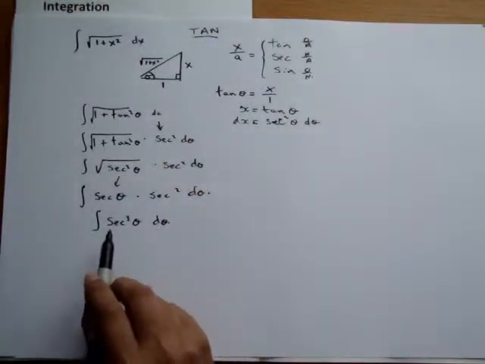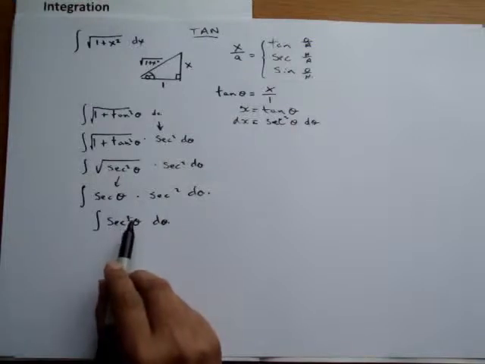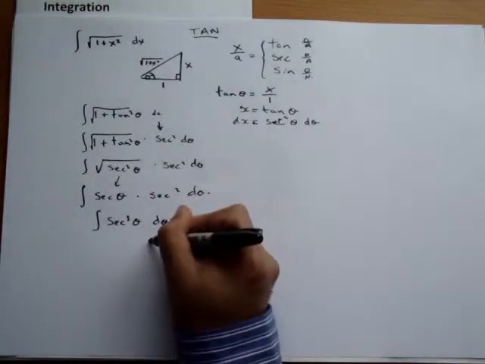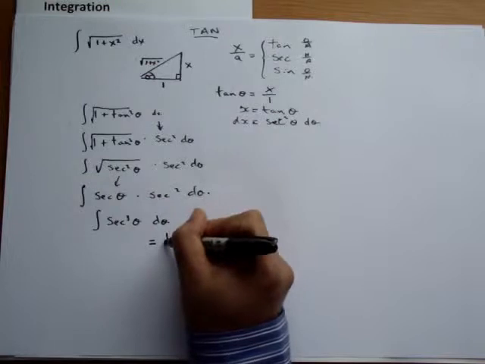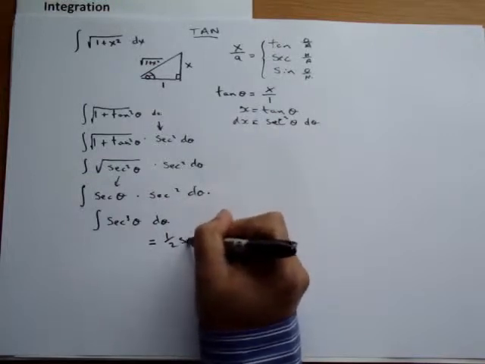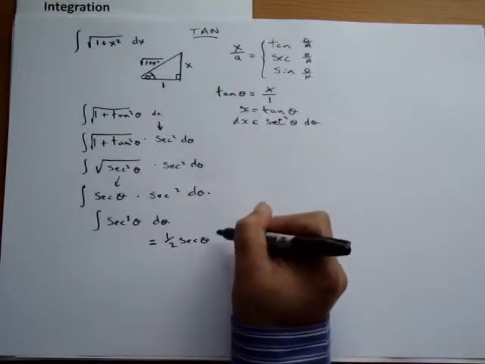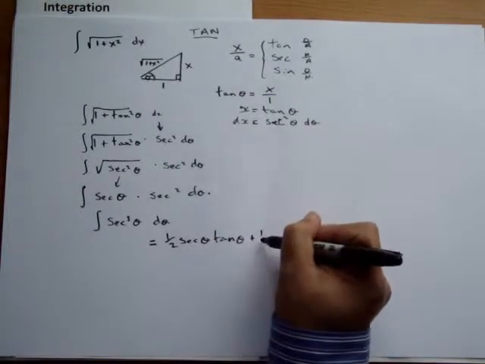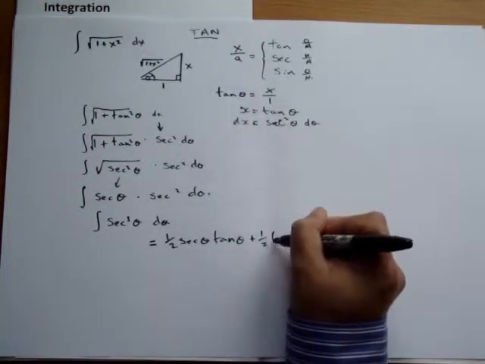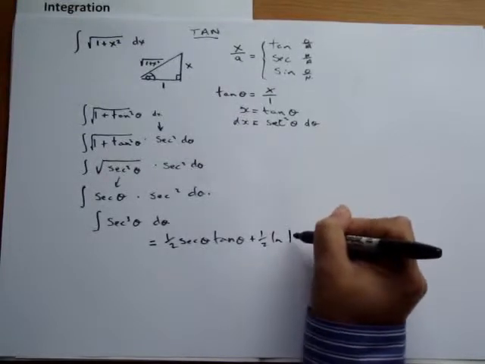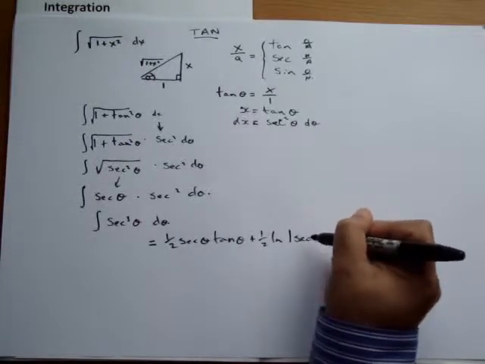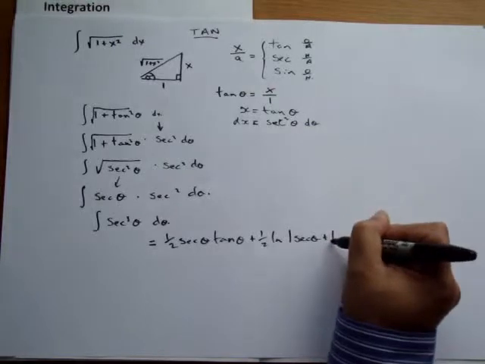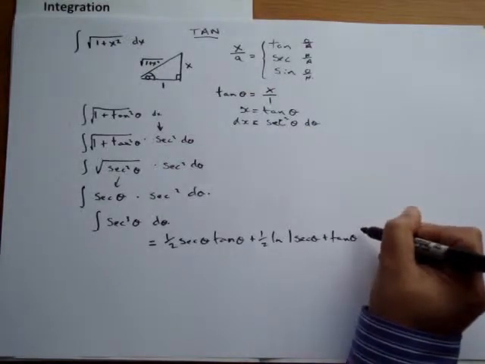Now when we integrate sec to the power 3 d theta, we get a half sec theta tan theta plus a half natural log of sec theta plus tan theta.